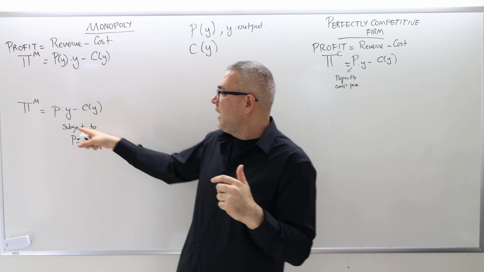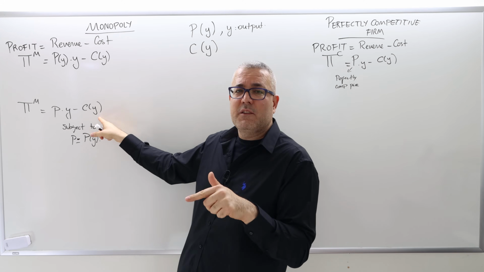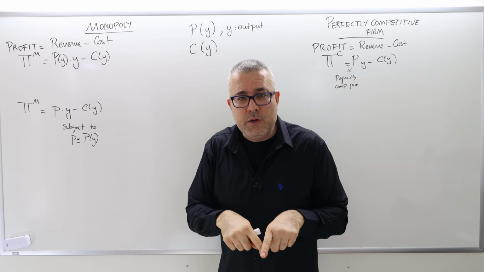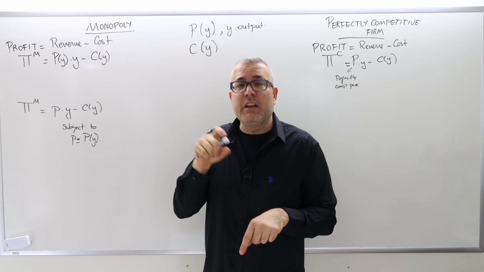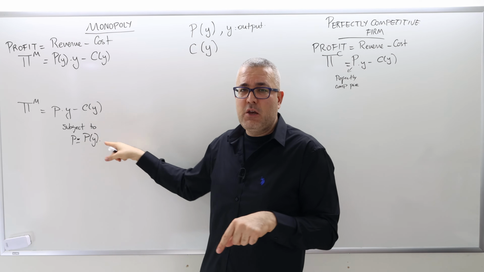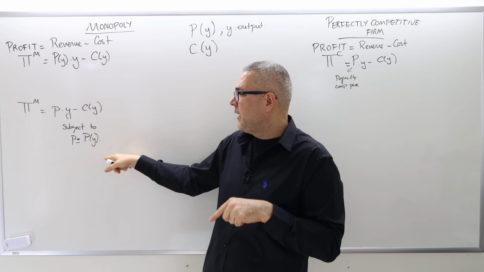So for that reason, your profit is this, subject to your price coinciding with the market clearing price, which is P of Y, given that you're producing Y output.